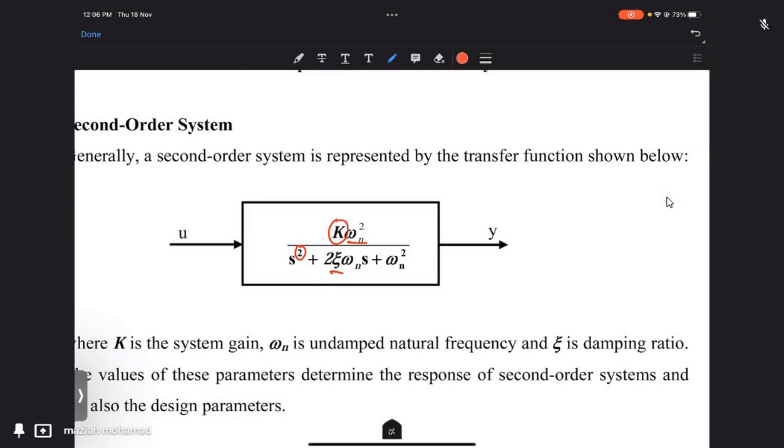So the behavior of second order system will very much depend on zeta, omega n, and k. K is gain, zeta is damping ratio, and omega n is the undamped natural frequency.